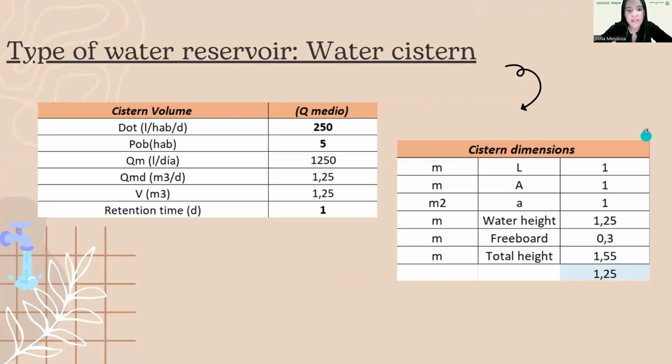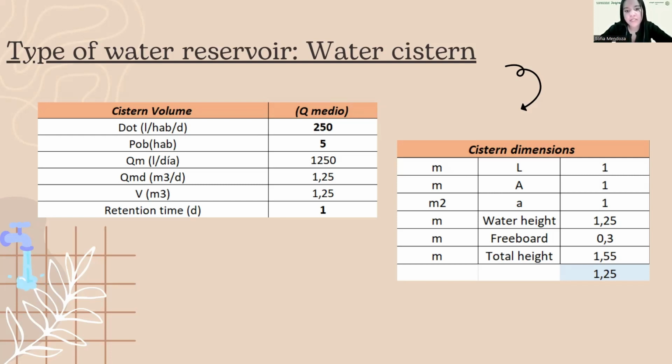The selected type of water reservoir is a cistern, which allows storage and conservation of water for various uses. Assuming a daily allocation of 250 liters per inhabitant with 5 inhabitants, resulting in an average daily flow of 1,250 liters and a total volume of 1.25 cubic meters.